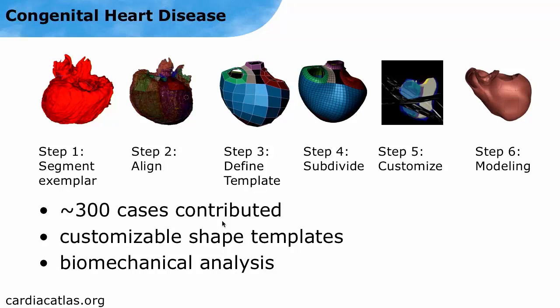So for congenital disease, like Mike was talking about in the previous talk, you might want to talk about the right ventricle as well. And that's another whole level of complexity. So there are still controversies on the left ventricle analysis. There are more on the right. The trabeculation is much more difficult to quantify.